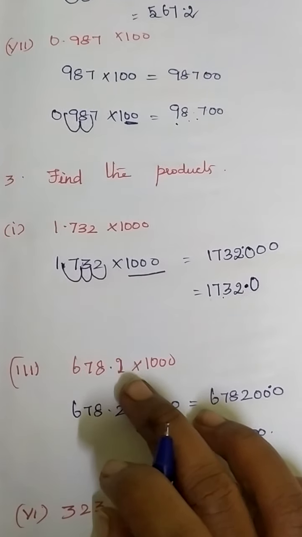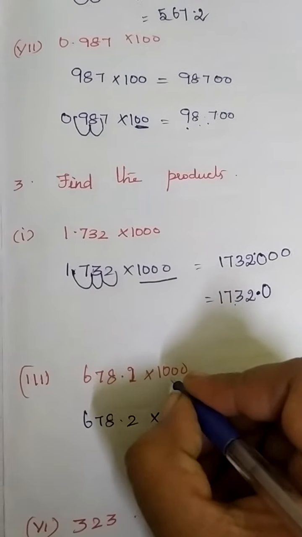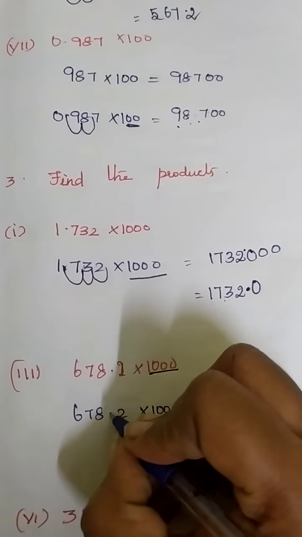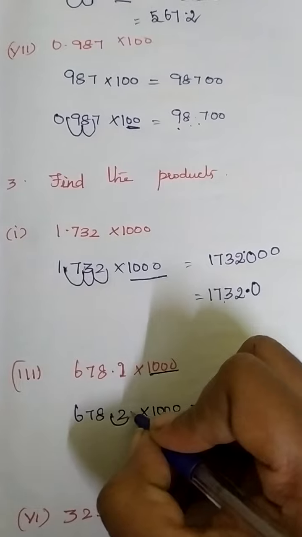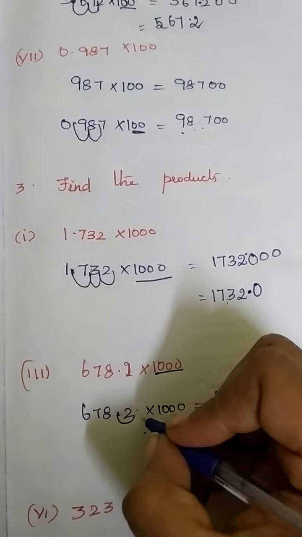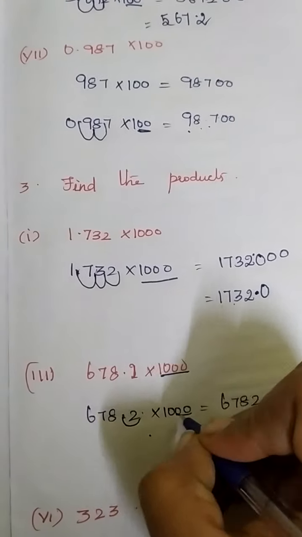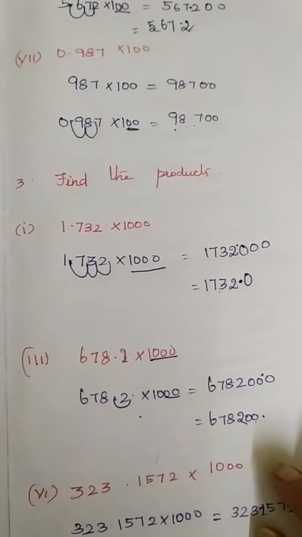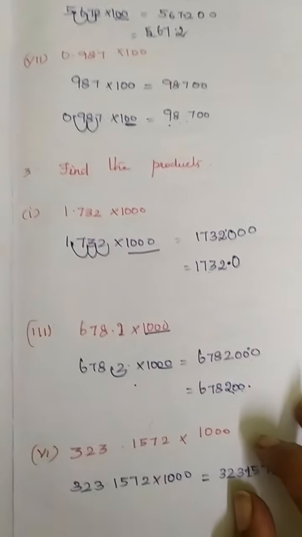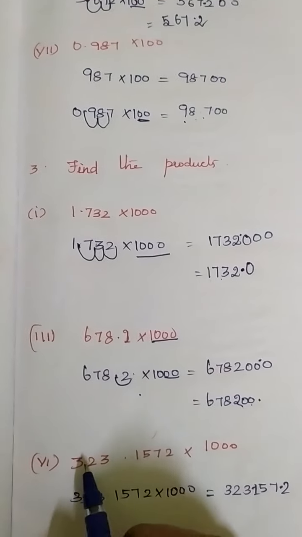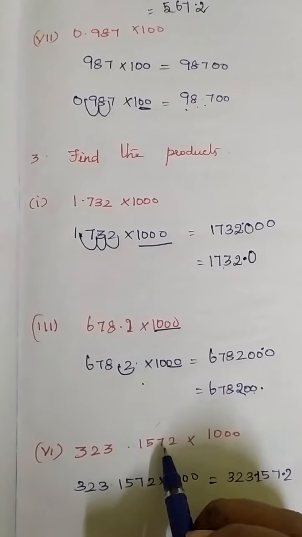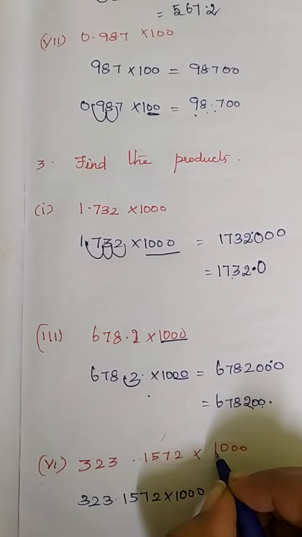6.722 multiplied by 1000. How many zeros do you have? 3 zeros. But on the right hand side you have only one number. So to get 2 more digits, you include 2 zeros and keep the decimal point. This is how the problem goes. 323.1572 multiplied by 1000.